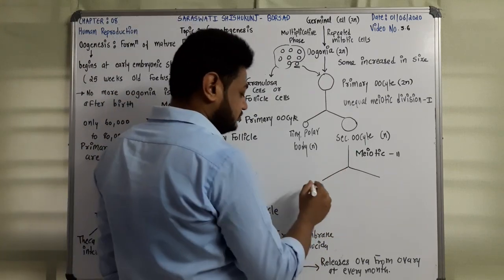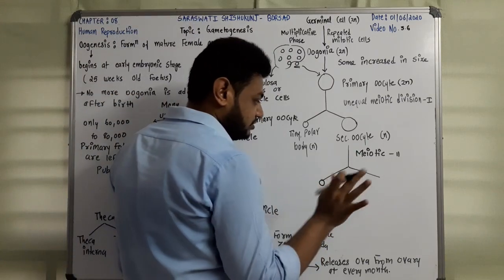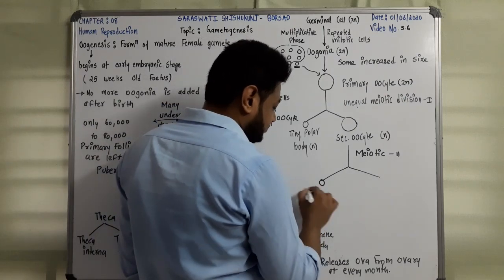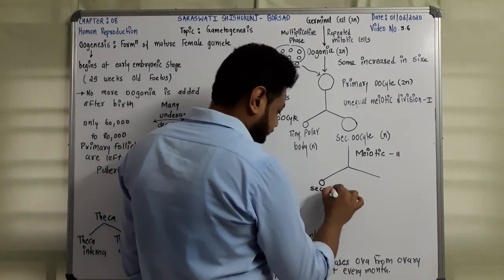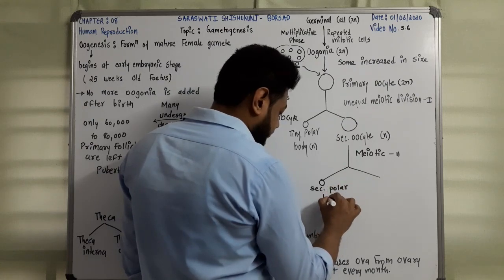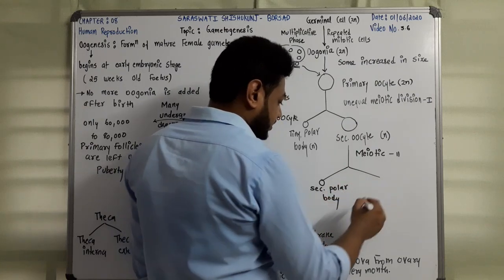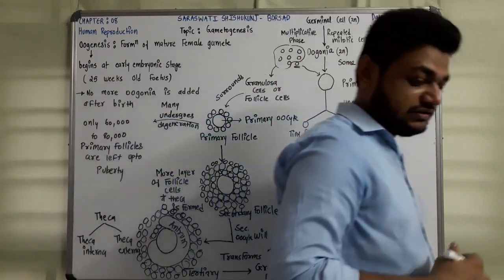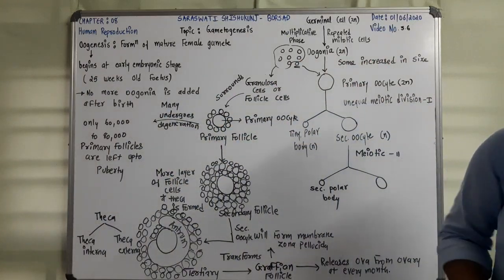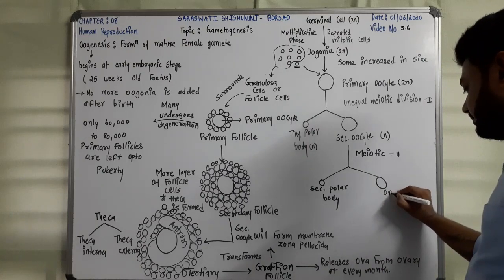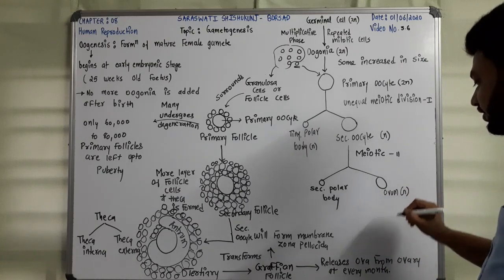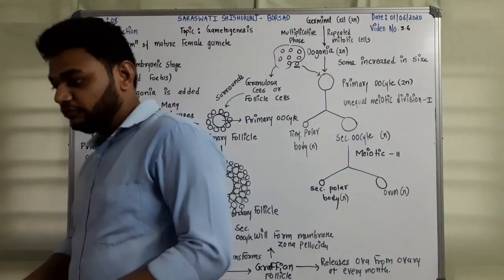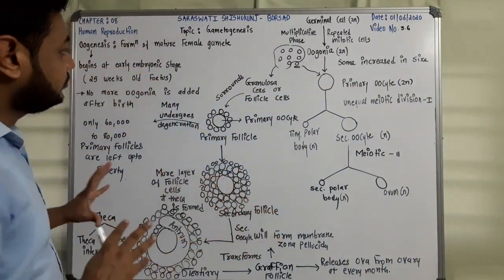So the secondary oocyte completes meiosis 2 in the presence of sperm. Then a second polar body will form, and this will result in the formation of the ovum. This ovum is haploid, and this second polar body is also haploid. So this was about oogenesis.